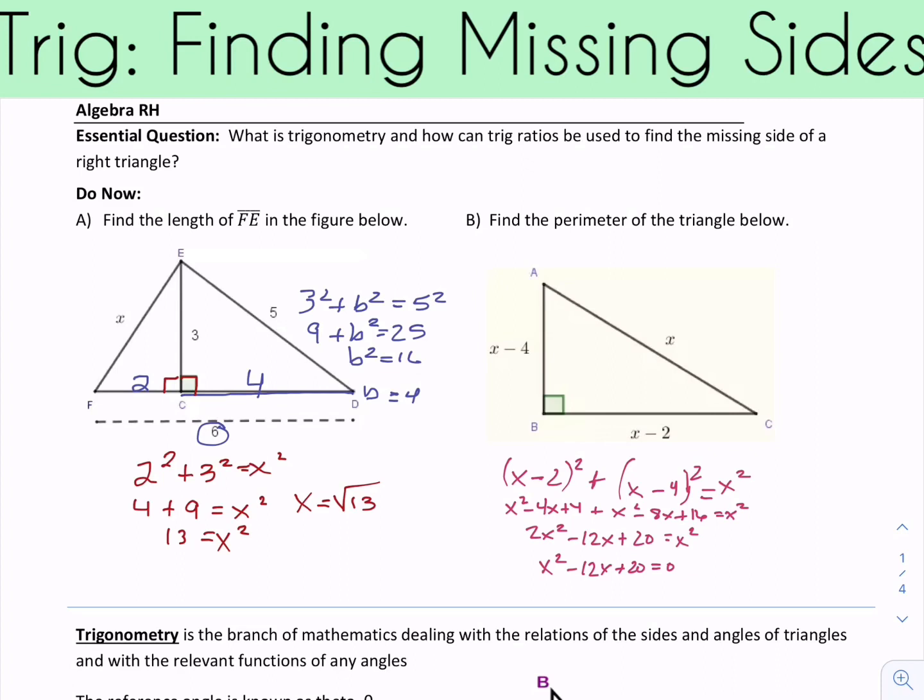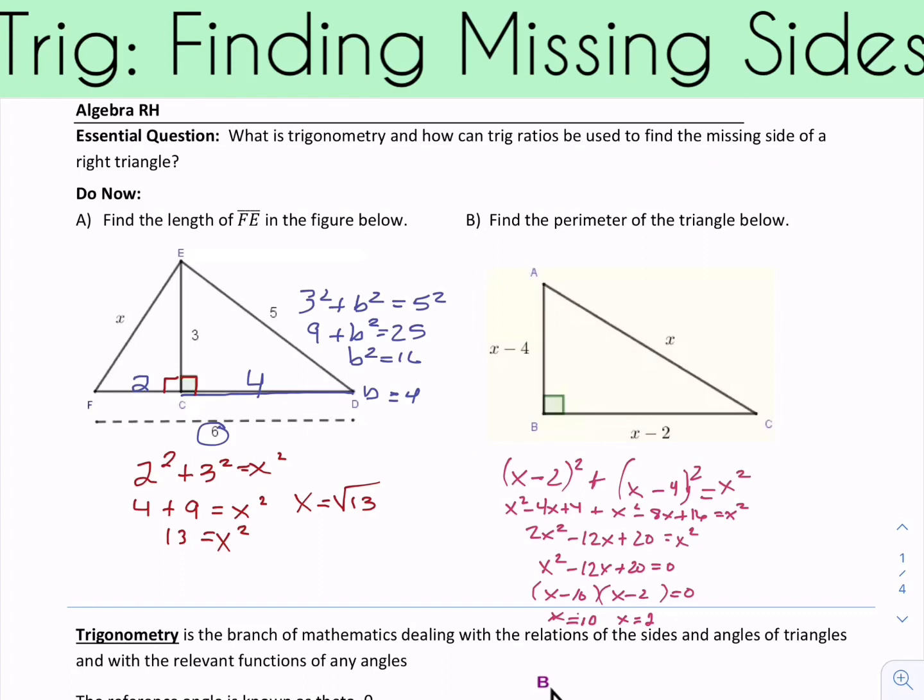Now that factors very nicely using the AM method of factoring. This is a quadratic. So we're going to get x minus 10, x minus 2. That gives us two answers of x equals 10 and x equals 2. Now think about this. Can x be equal to 2?